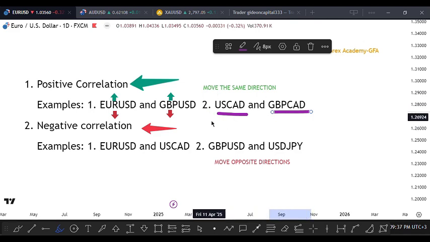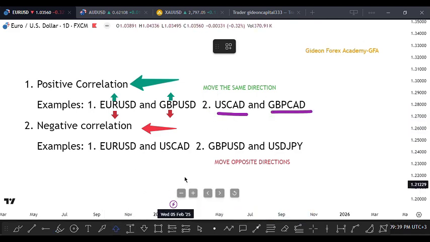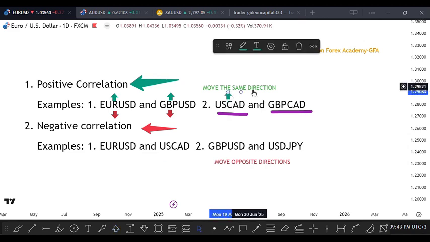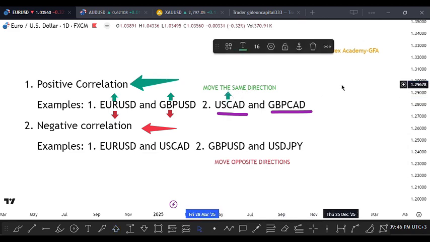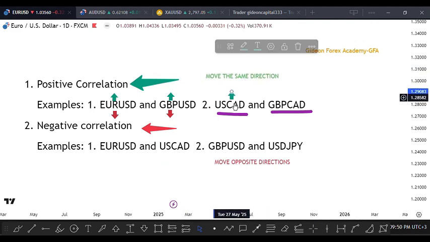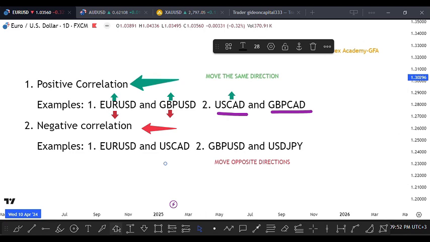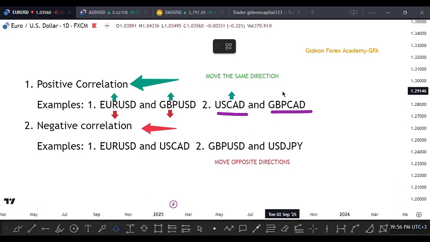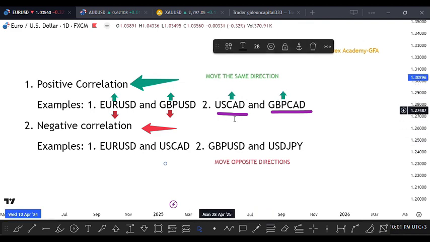If USD/CAD is bullish, it means GBP/CAD is also most likely bullish. They move in the same direction. So if you are buying USD/CAD, you are most likely going to get the same results when you buy GBP/CAD.